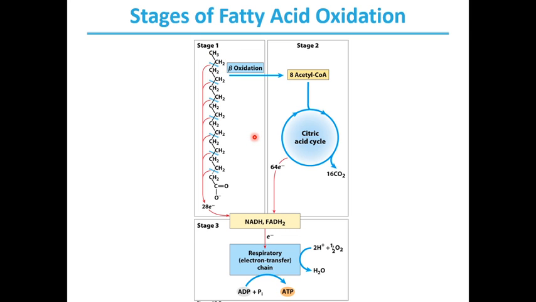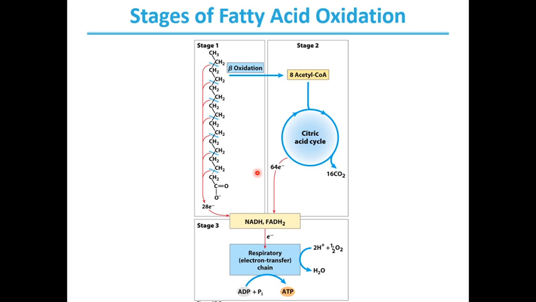And after each pass, it loses two carbon molecules in the form of acetyl-CoA. So there's one acetyl-CoA coming off, 2, 3, 4, 5, 6, 7, 8. So in total, you get 8 2-carbon acetyl-CoA molecules.